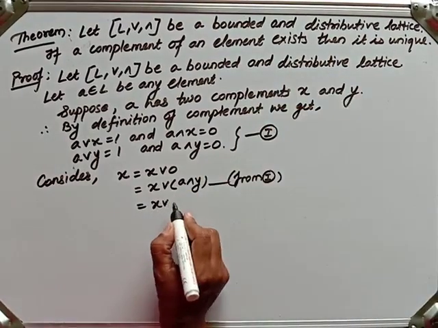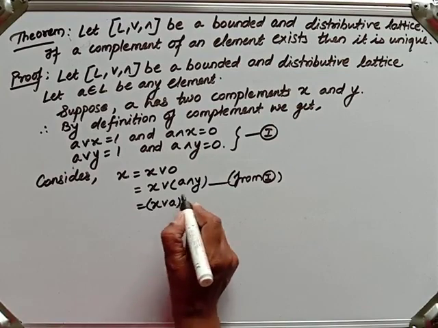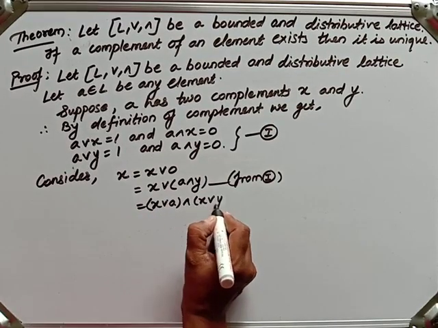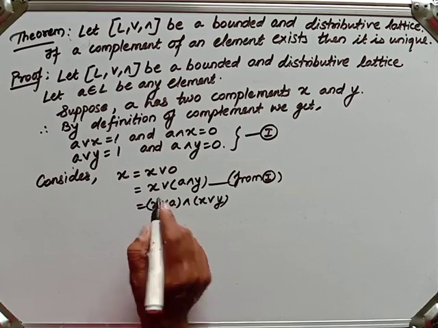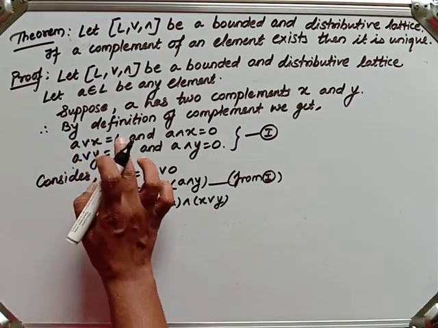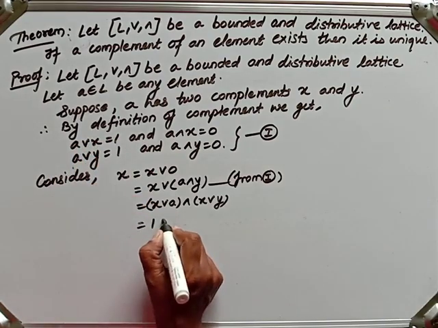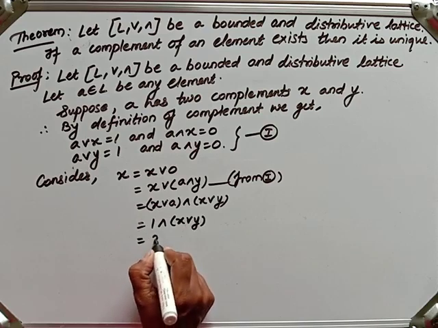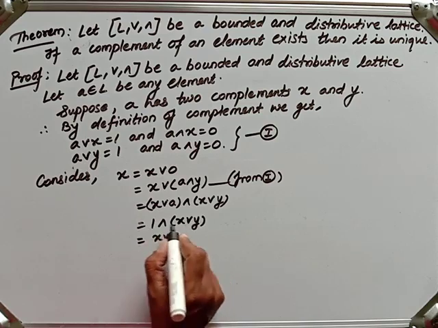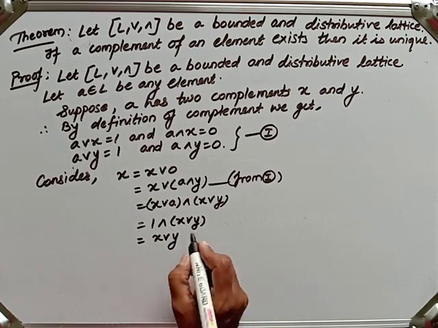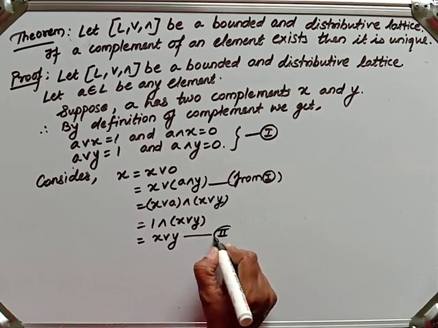It is distributive also, so we can distribute it: (x join a) meet (x join y). Now, x join a is same as a join x, since join is commutative, so it is 1. So 1 meet (x join y) will be x join y, the greatest lower bound of them. Call it equation number 2.